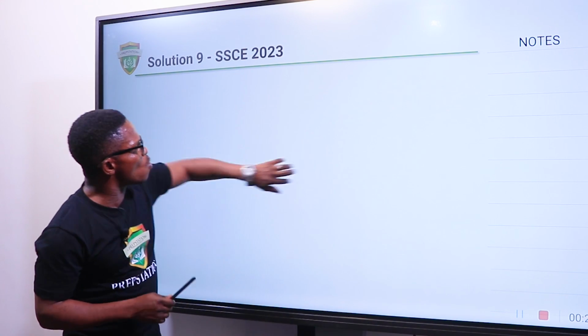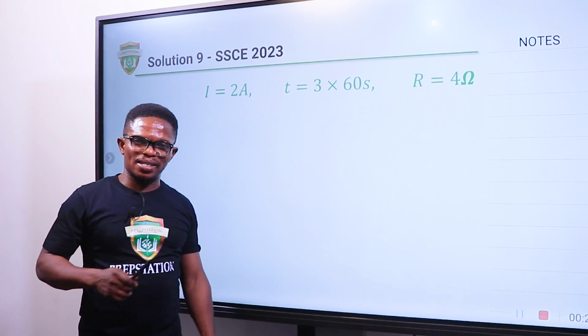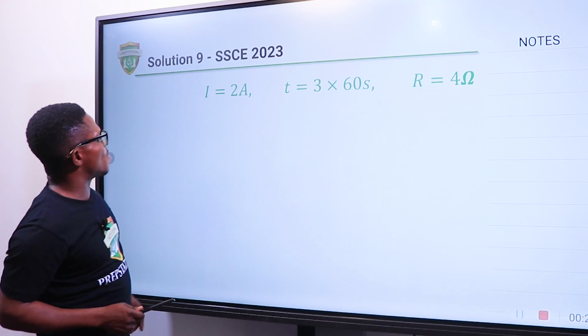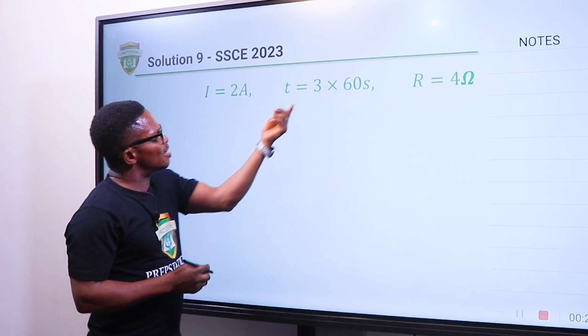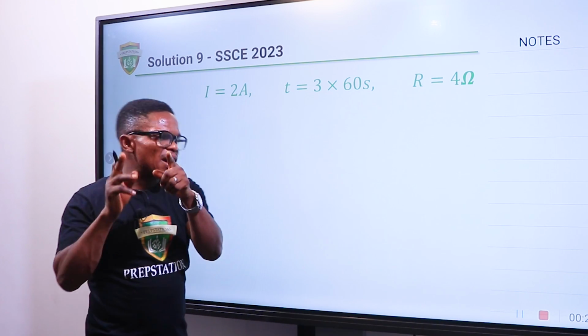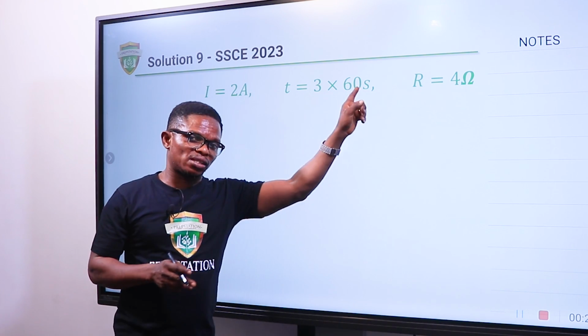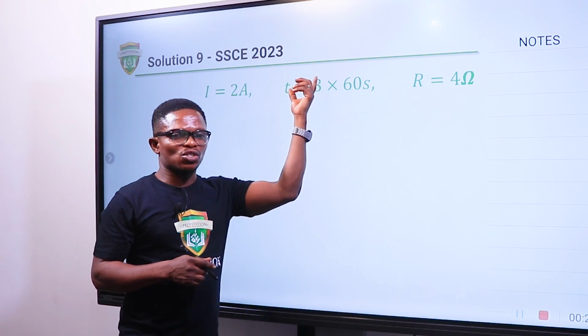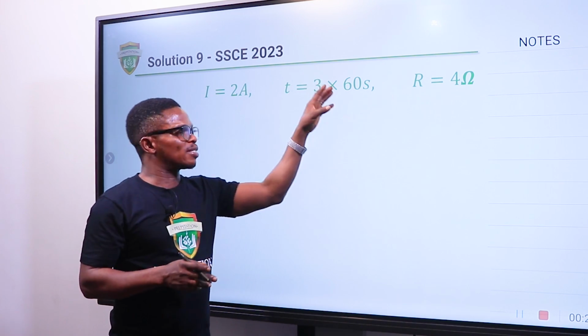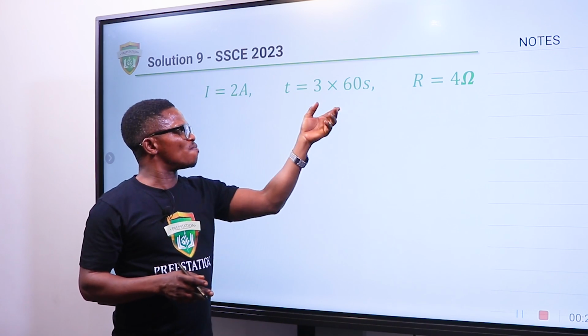Don't panic. So step 1, list out all the parameters. I was given, T was given. Now, what was given as T was 3 minutes. Remember, the SI unit for time is seconds. I told you. So whenever you are given time in minutes or hours, ensure to convert it to seconds. How do you convert?